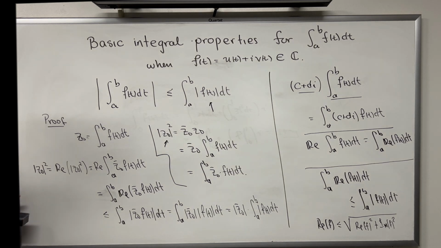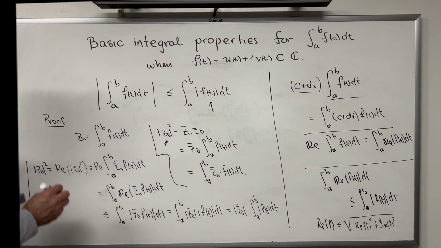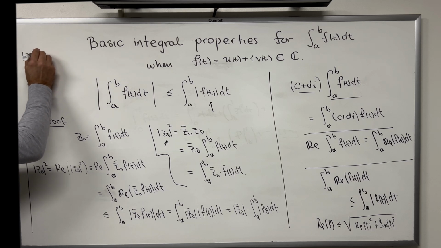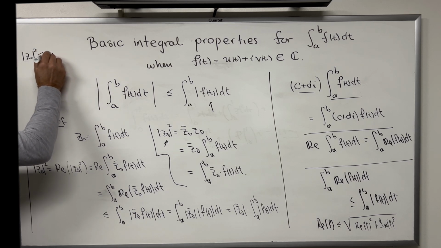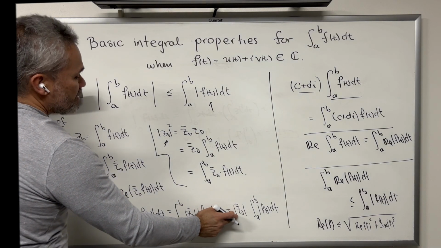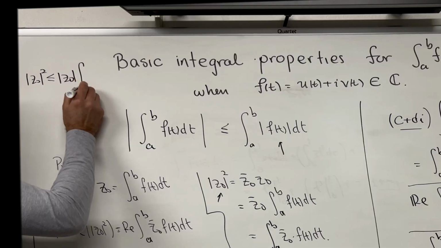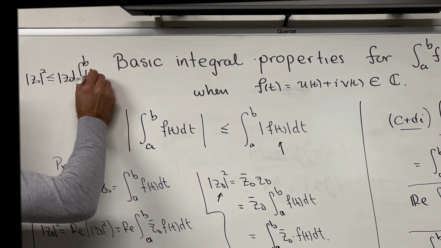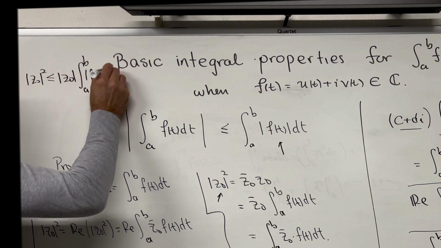And we have the proof, because essentially this chain of inequalities tells us that the norm of c sub 0 squared is smaller or equal than the norm of c sub 0. Remember that the norm of c sub 0 and the norm of c sub 0 conjugate is the same, times the integral from a to b of the norm of f of t dt.